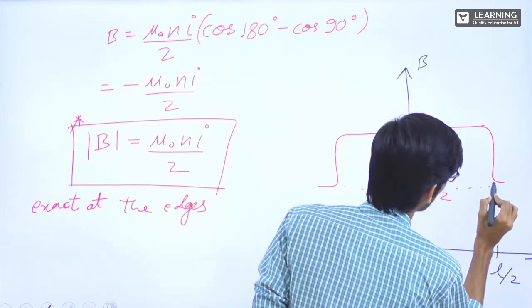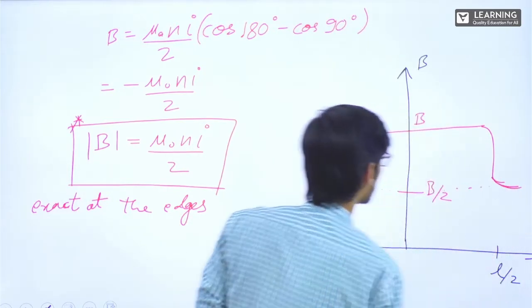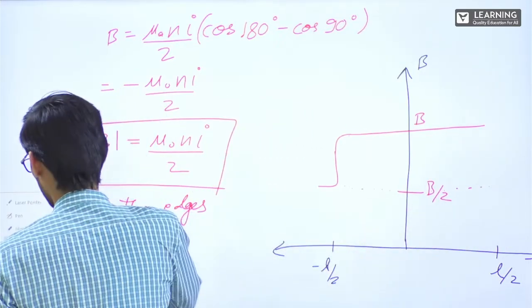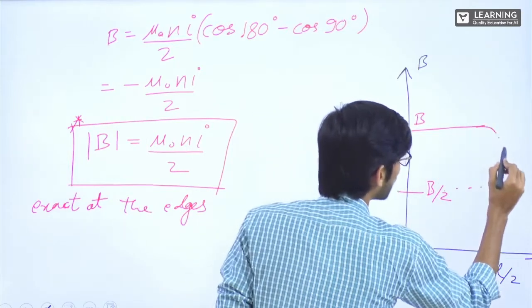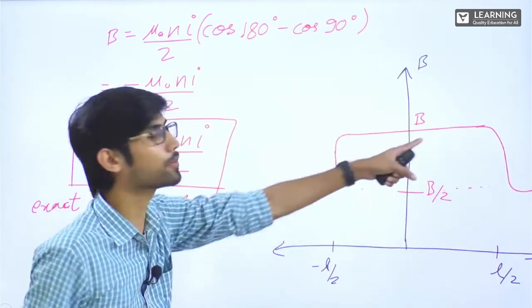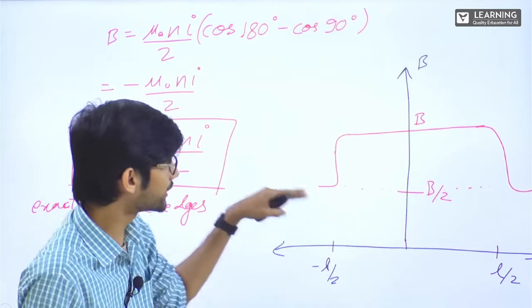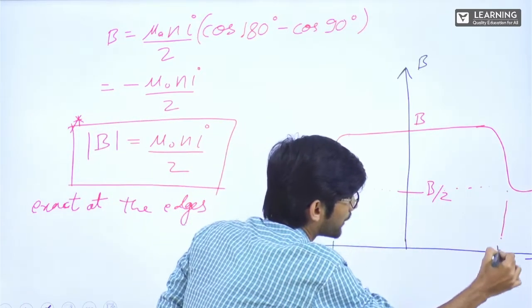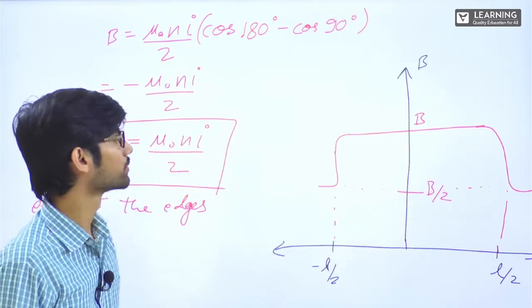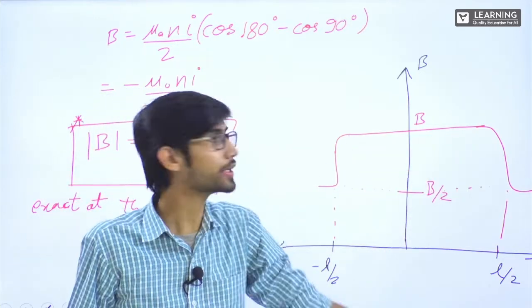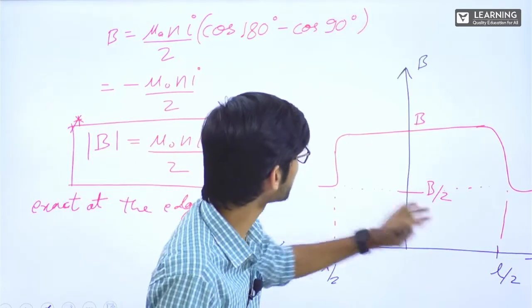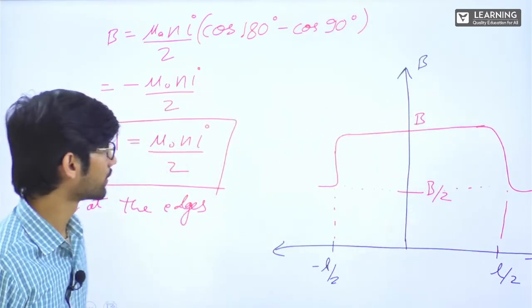It becomes B by 2. Clear? It is not that sharp, but we show it sharp. That sharp at the edges, it drops to B by 2. Rest in the entire solenoid, it will be constant as B. I hope this is a straight line. If not, you draw it straight. Alright.